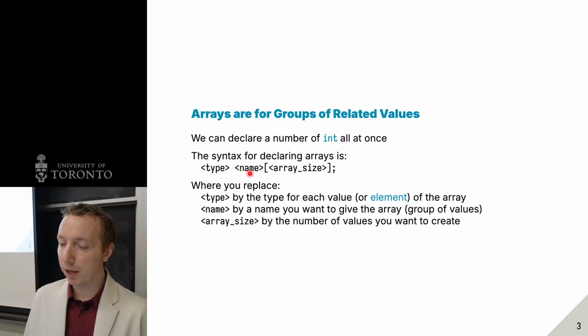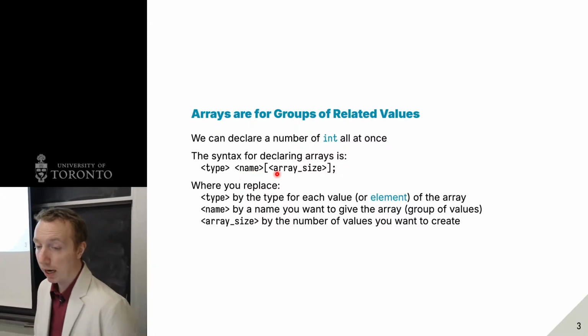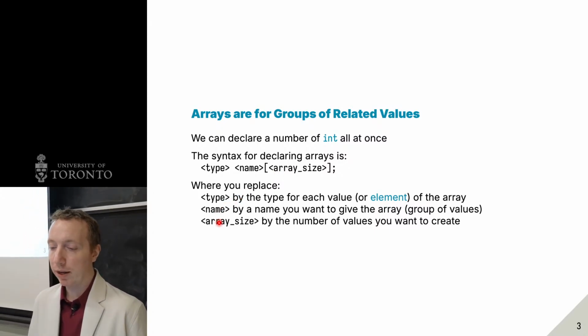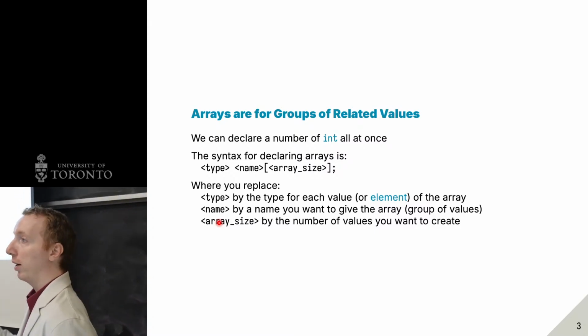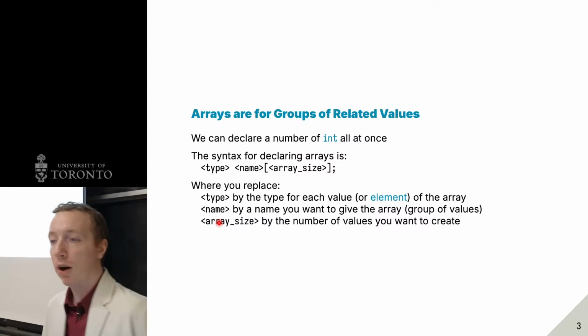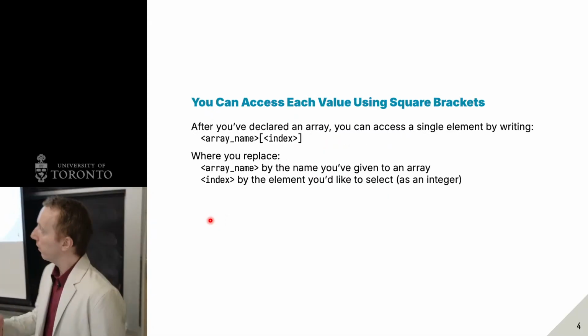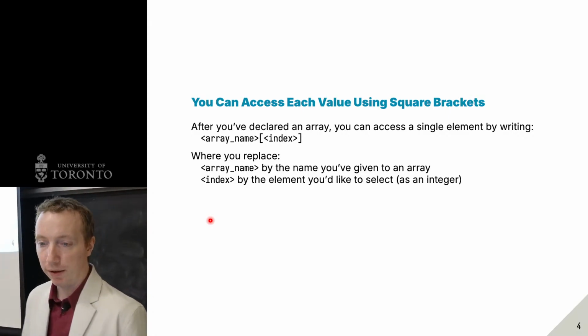Then the name for the array, and then in square brackets, the array size. So again, you replace the type by the type, name by whatever you want to name it, and the array size by the number of values you want to create. So I can create a whole bunch of integers all in one go. So for instance, I could call it grades and give it the size 5.